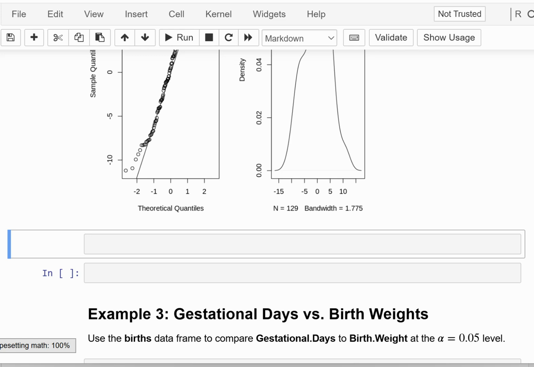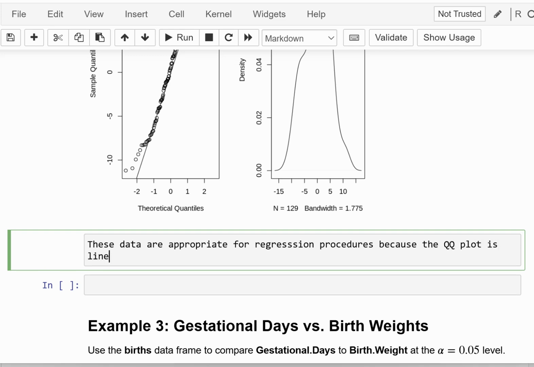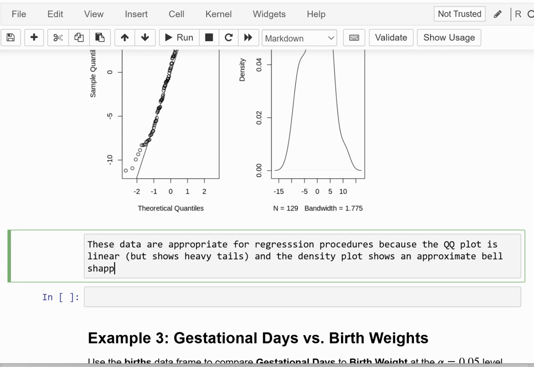All right, our data verification, in markdown. These data are appropriate for regression procedures because the QQ plot is linear but shows heavy tails, and the density plot shows an approximate bell shape.